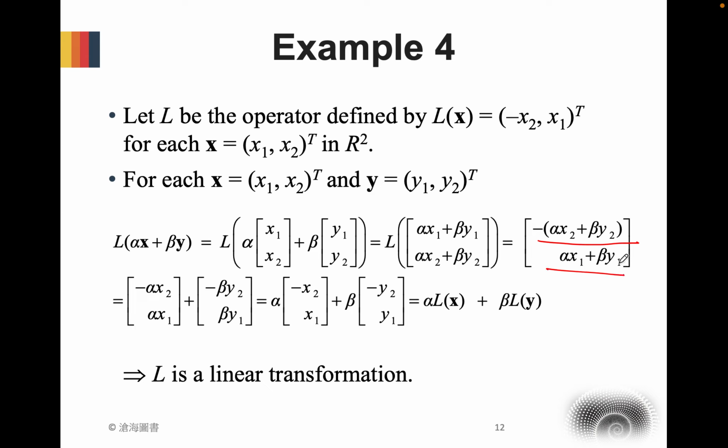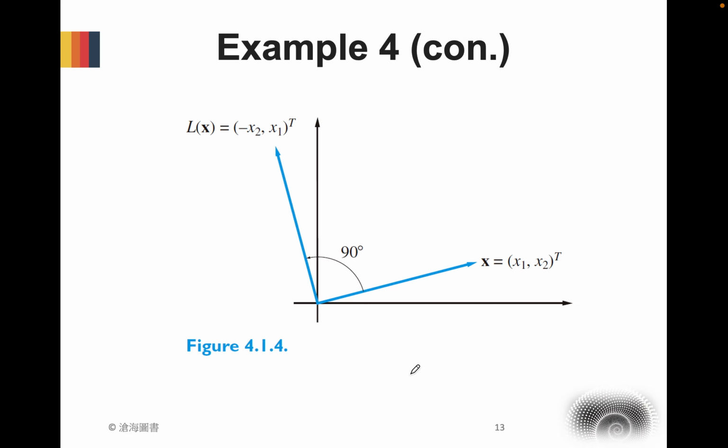The second item becomes alpha x1 plus beta y1. Right? Then we do some rewriting. And again, we find that it equals alpha Lx plus beta Ly. Therefore, L is a linear transformation again. Right? And the geometrical meaning here is also very interesting.